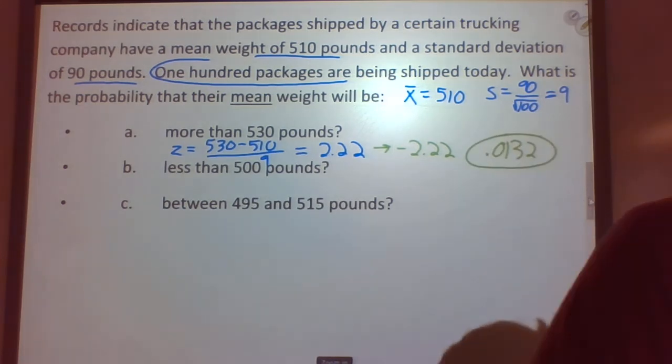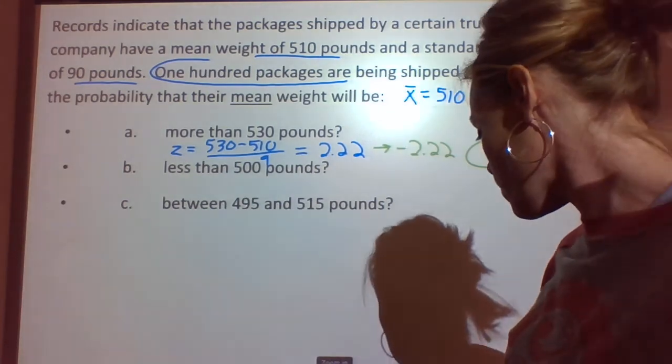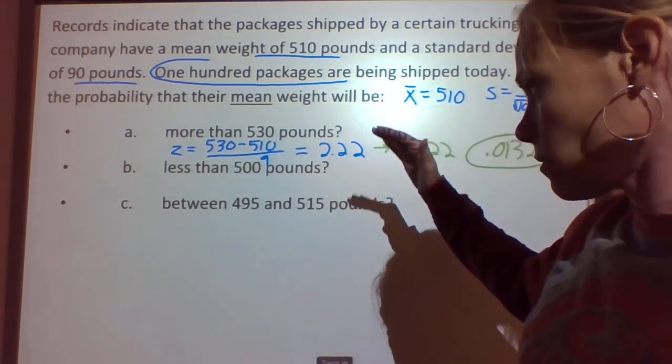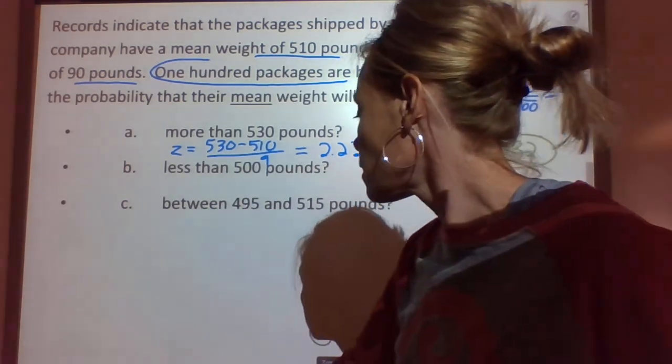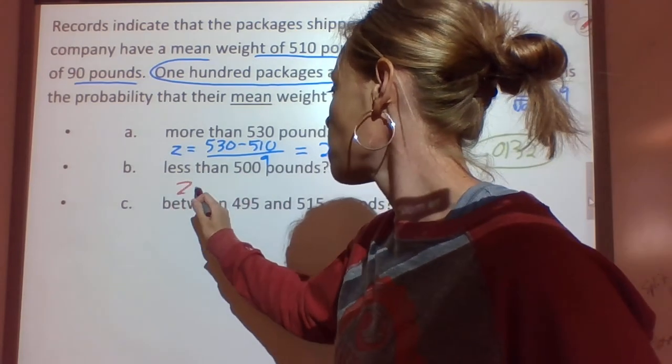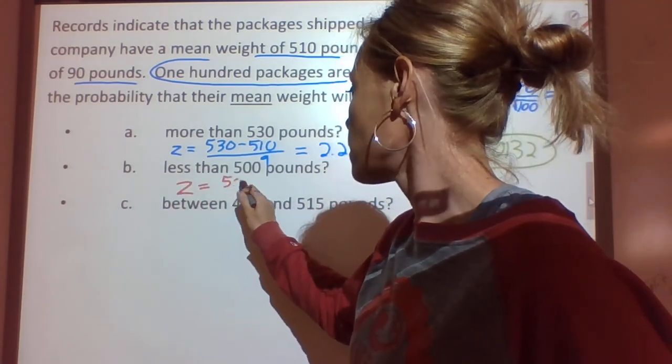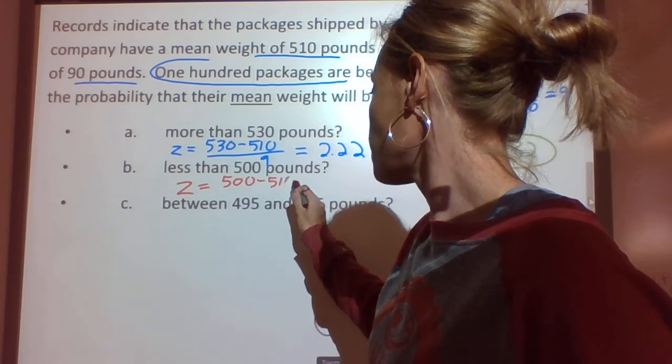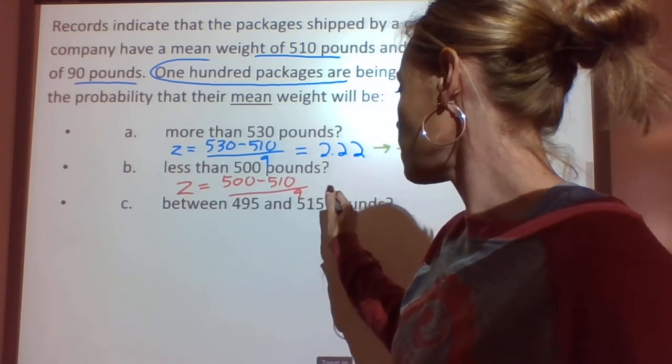Okay, how about this one? Less than 500 pounds. So now that we've done all this, now it goes faster because less than 500 pounds, I take 500 minus the mean, again divided by the new standard deviation.